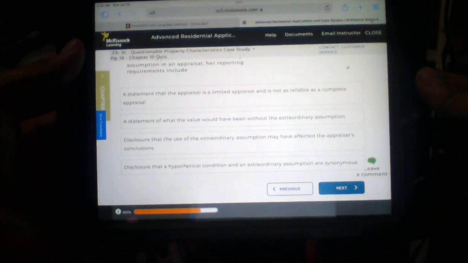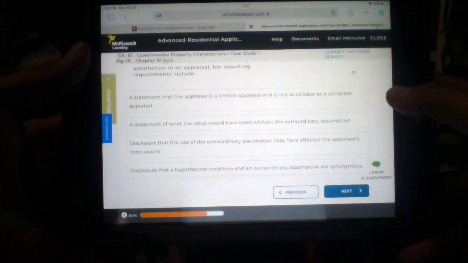C, disclosure that the use of the extraordinary assumption may have affected the appraiser's conclusions. Or D, disclosure that a hypothetical condition and an extraordinary assumption are synonymous.